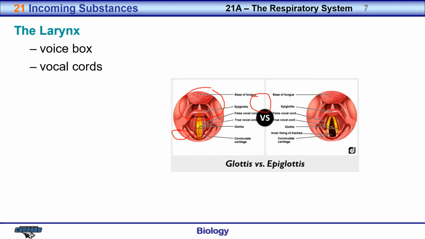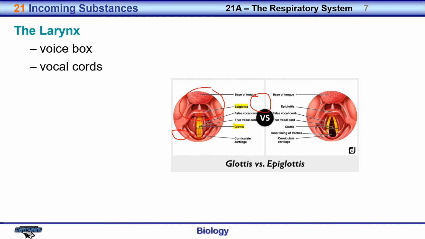Now the space between the vocal cords is called the glottis. So right here is pointing to that line in me, the little gap that's in between there is called the glottis. And when you swallow, there's a flap of tissue called the epiglottis, and that's right here.